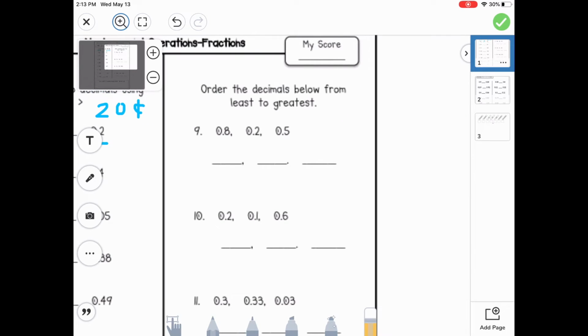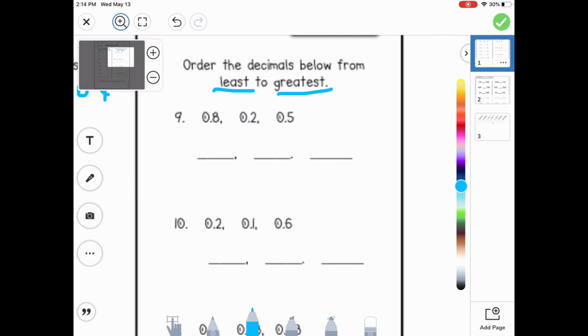On the right side, you're taking the 3 numbers that are listed and you're putting them in order from least to greatest. So looking at the numbers 8/10, 2/10, and 5/10, I want you to be really careful. The decimal is right here, and the symbol that you see after the 8 and after the 2, that's just a comma separating those.